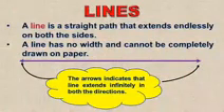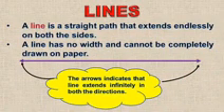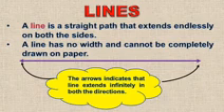Students, now let's move on to line. Simply, we can say that a line is a straight path that extends endlessly on both sides. The arrows on both ends of the line indicate that the line extends infinitely in both directions.